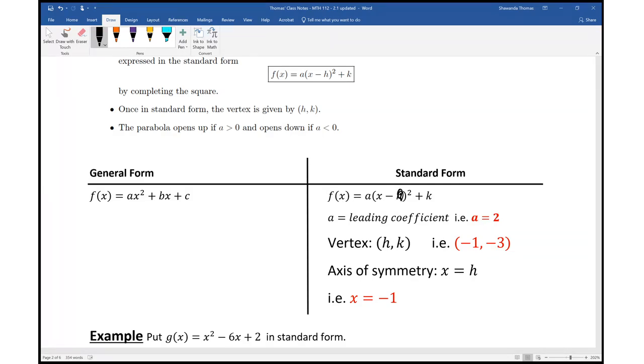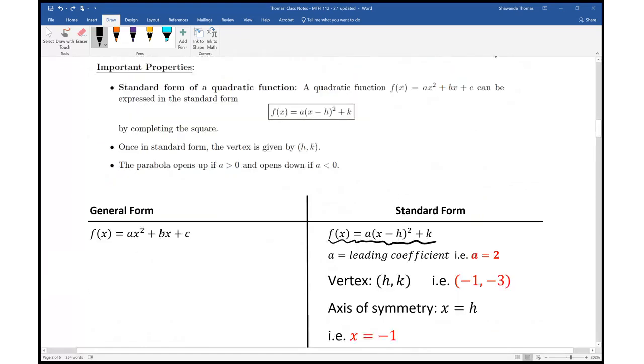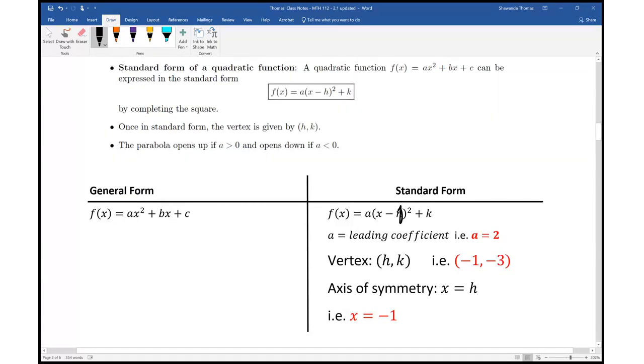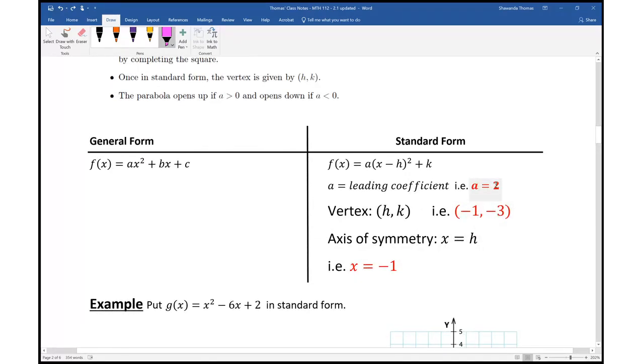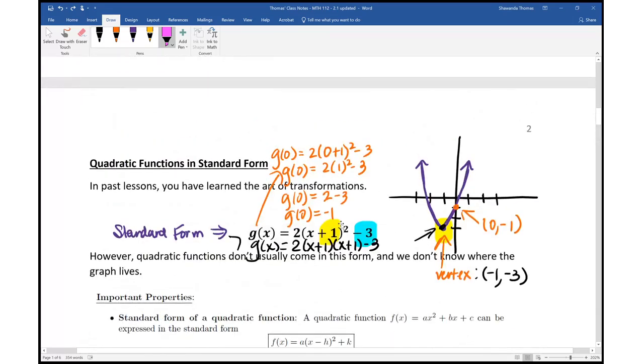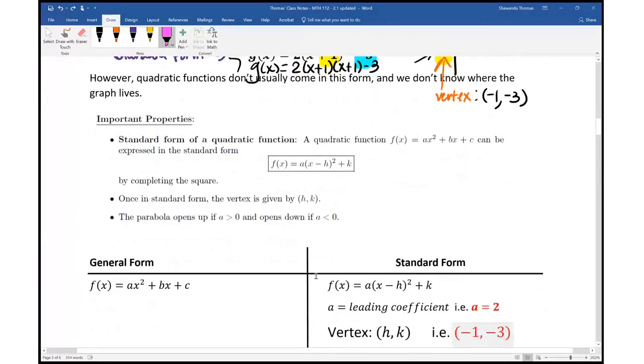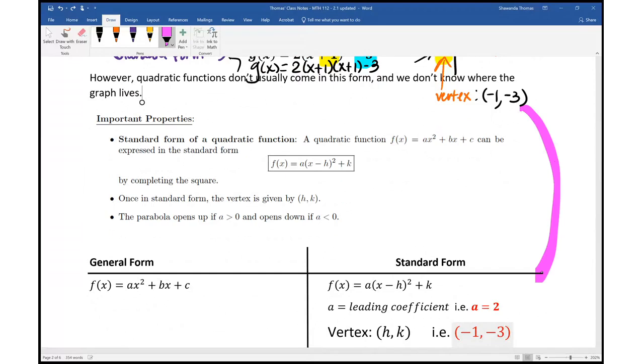So again, opposite of what you see here. Keep what you see here. (h, k). All right. And then above, our leading coefficient was 2. Our vertex was, we already discussed, -1, -3.